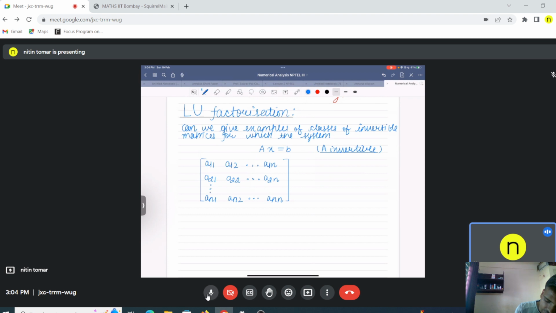So this is our n cross n matrix. This is our n cross 1 column vector.